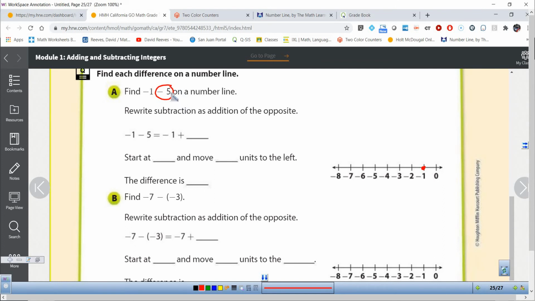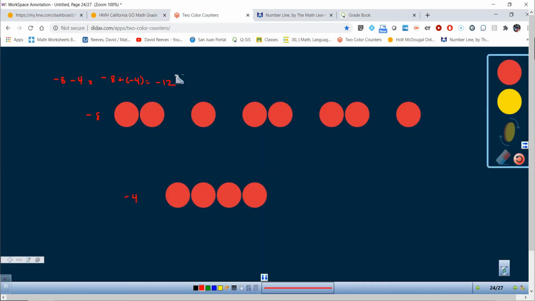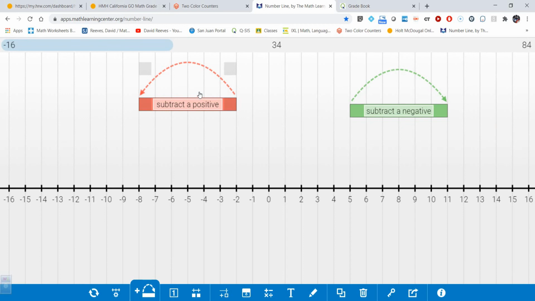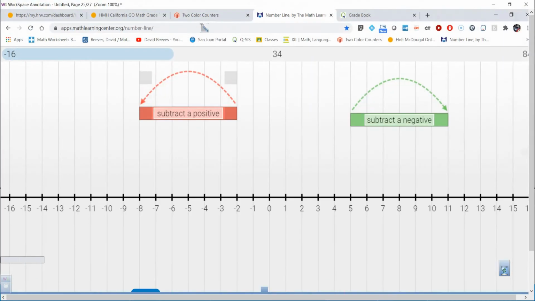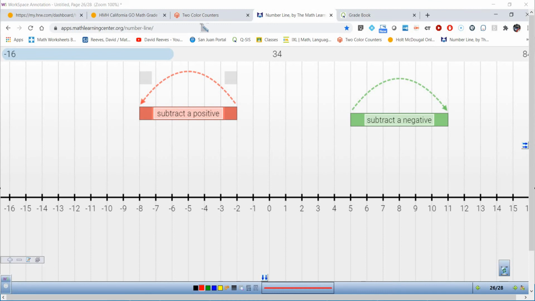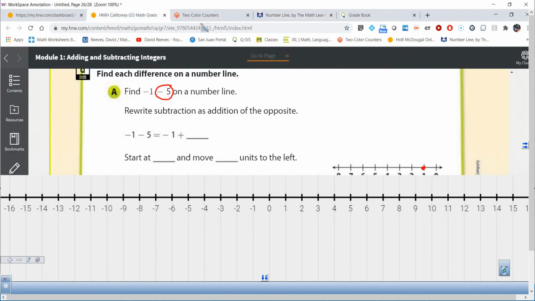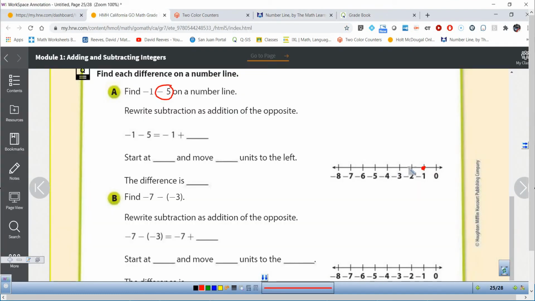When you subtract a positive, that's going to go to the left. Let me mark this so that when I go back, we will have it there. This is where I wanted to be.